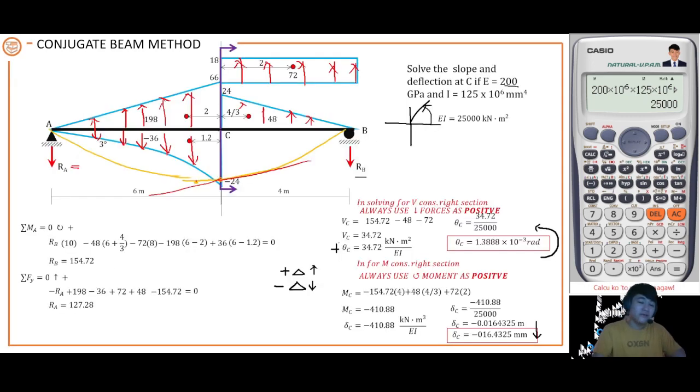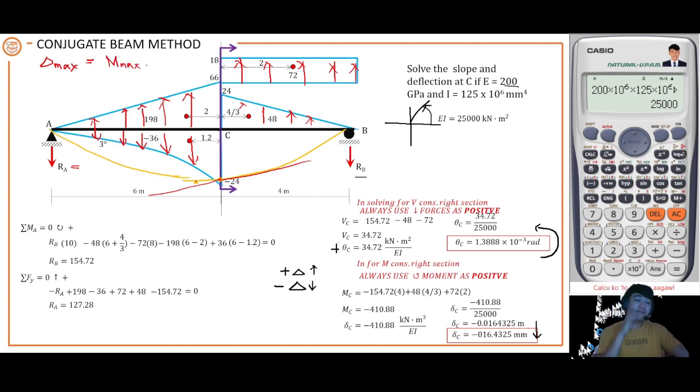So anyway, what if the question is maximum deflection? For example, for this problem, we are asked to solve the maximum deflection. For the real beam, for the conjugate beam, that is the maximum moment.